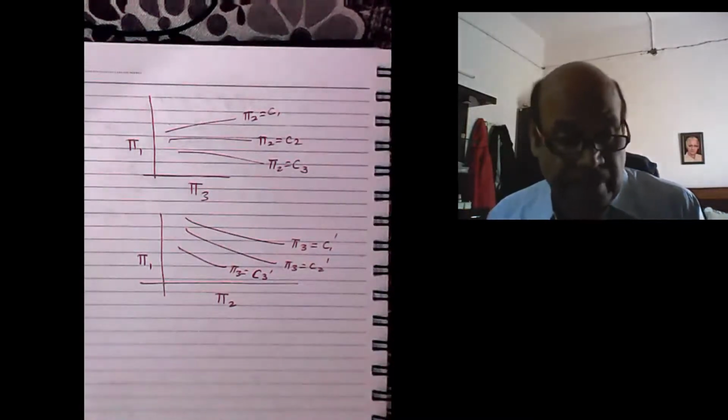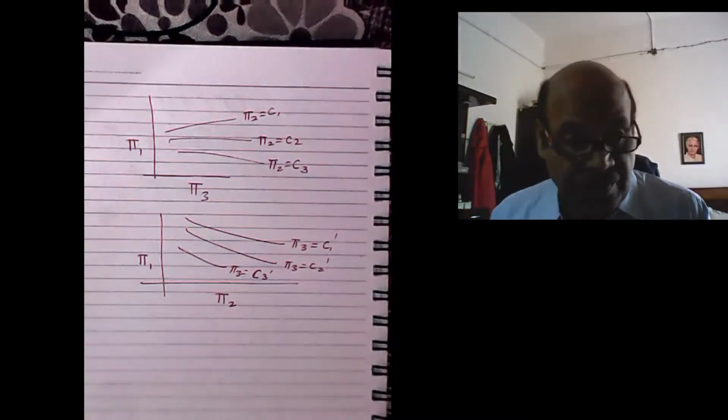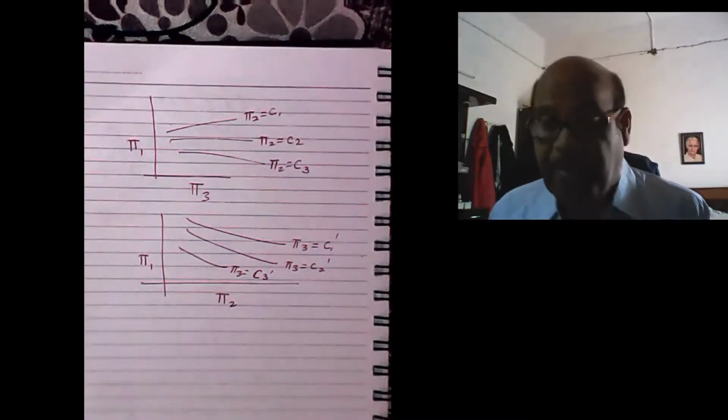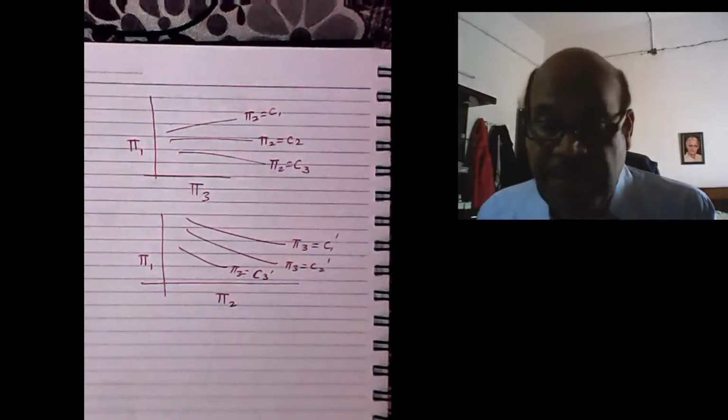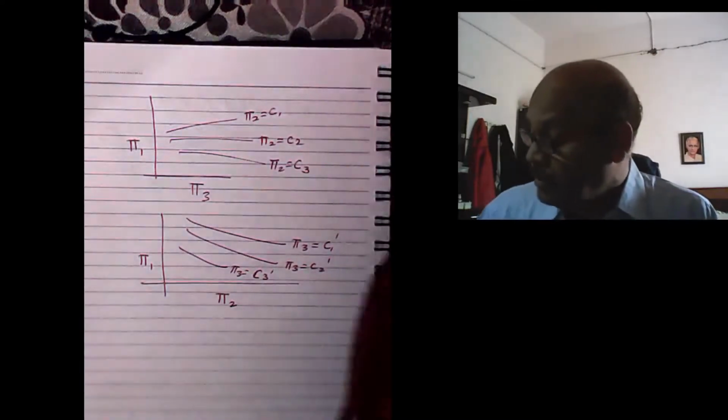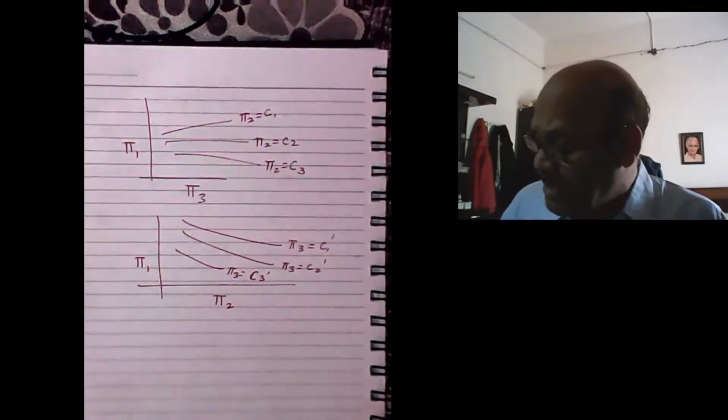Okay, so that's how we have to do this exercise of converting a number of variables into non-dimensional groups, or called pi terms. Okay, now the representation could be like this.